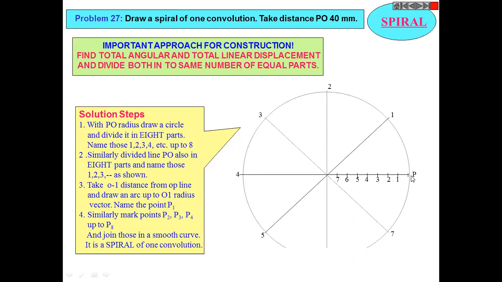So now, what does this statement tell us? One convolution means it will start from here like this. It will slowly come like this and this. And ultimately, it will again stop on this horizontal line from where it started. So ultimately, how much circular distance has it traveled in degrees? If P is here, it has come back to this line only. How much degree has it traveled?